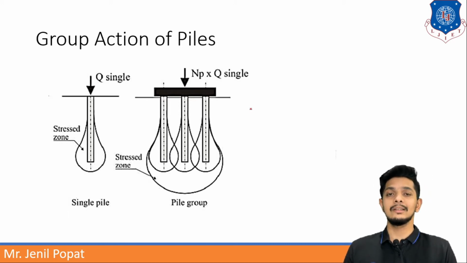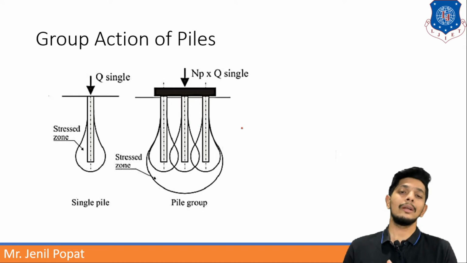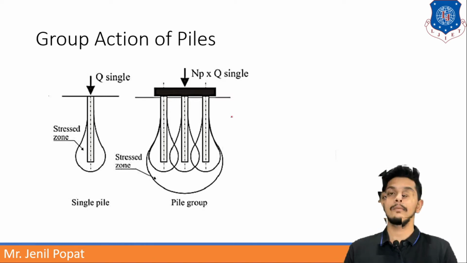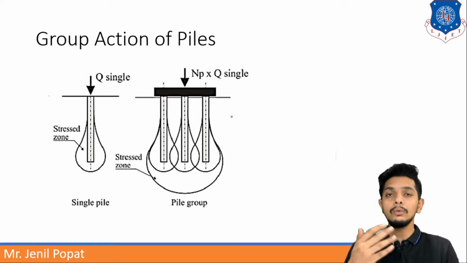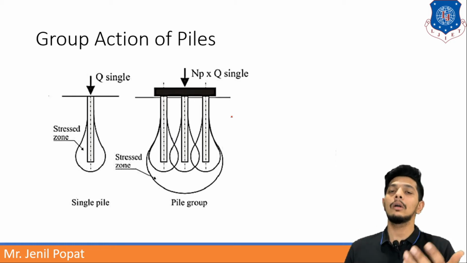This will act as the pile cap, and the total structural load will be on this pile cap, and this pile cap will distribute the total load to the different piles. It is not necessary that the pile cap is above the ground line only. It may be buried in the soil, or it may be below the ground line. But the pile cap will act as a reinforced concrete slab or beam, and it will distribute the load to the piles.